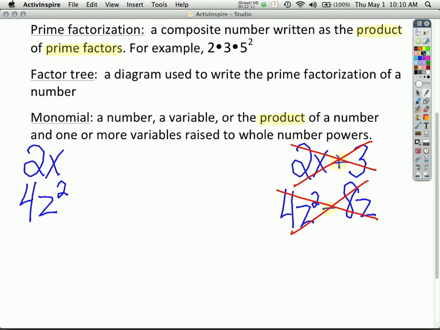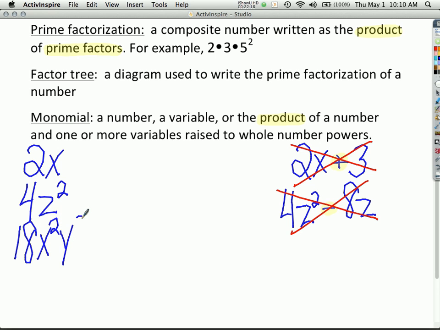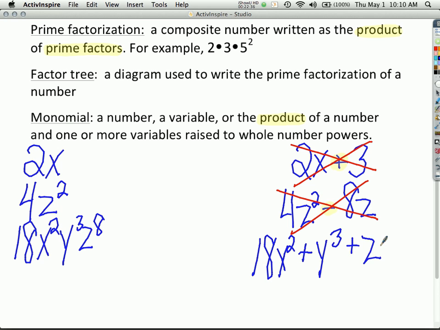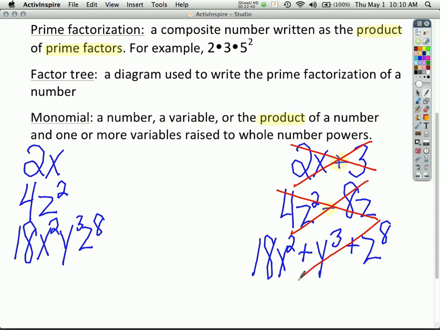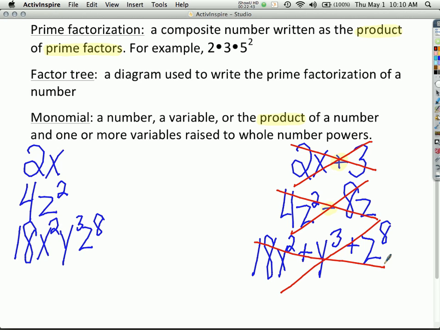It can be something even more complex, like 18x squared y to the third z to the 8th power. That is a monomial, because the only thing involved is multiplication. But if it was written like this, 18x squared plus y to the third plus z to the 8th, that is called something else. And that is something that we're not interested in right now.